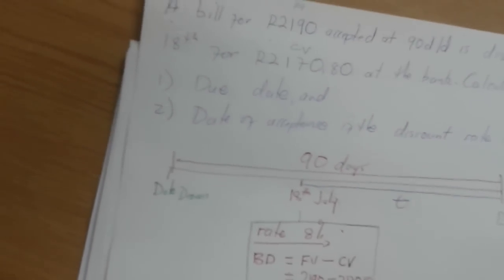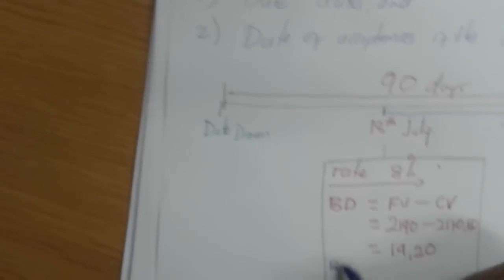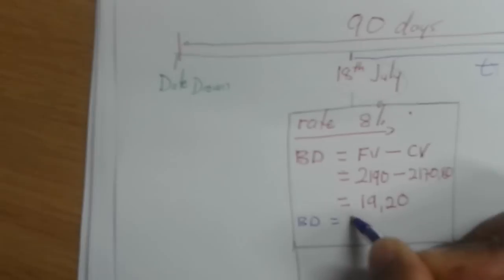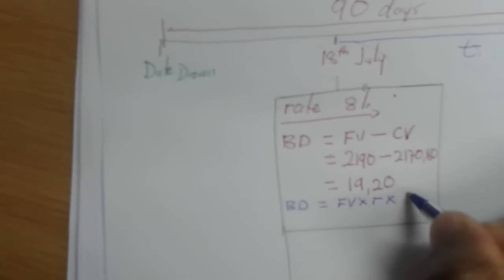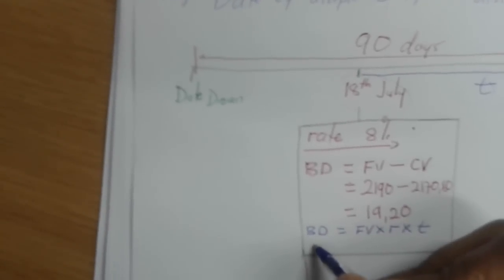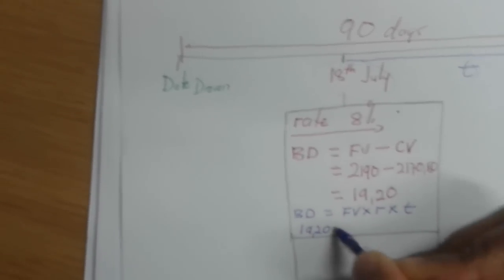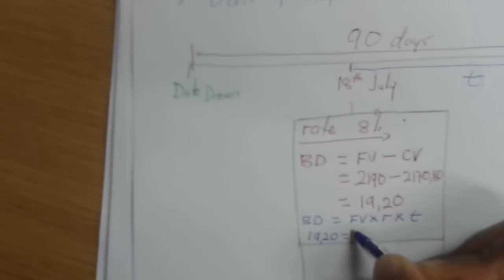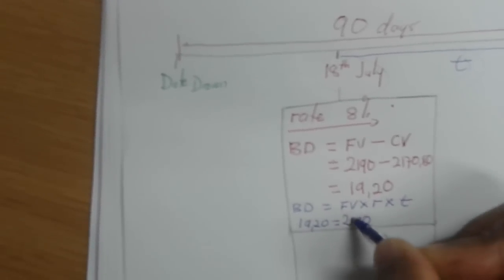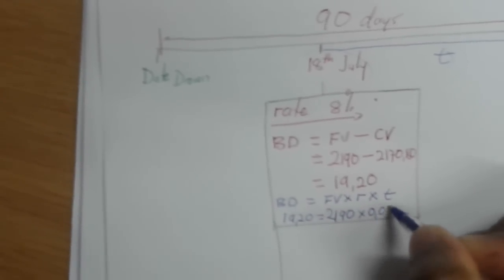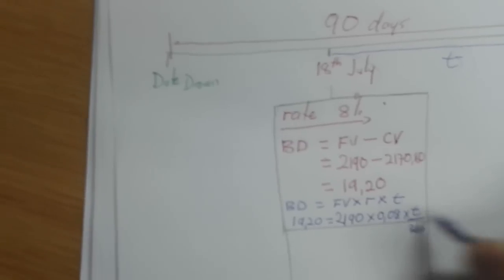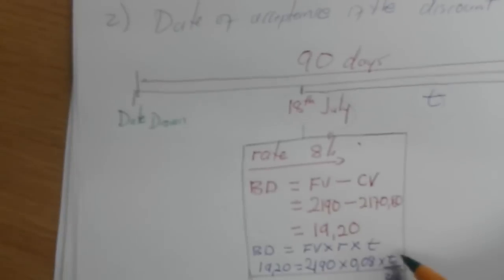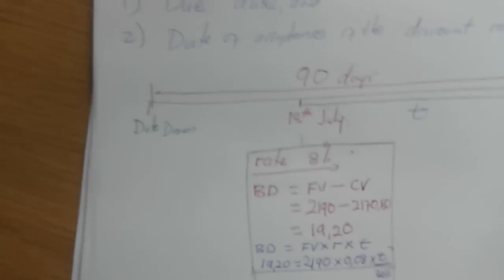I know of a formula that has got T. The formula says BD is equal to face value multiplied by the rate multiplied by T. So we are simply saying the 19.20, which is the BD, is equal to the face value, which is 2,190, multiplied by 0.08 multiplied by T over 365. Now, very important is this part.